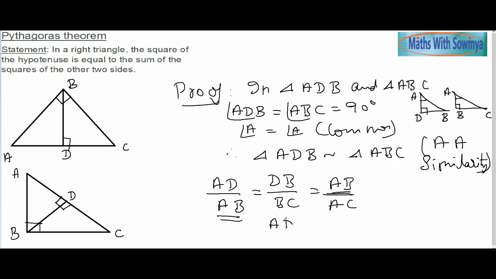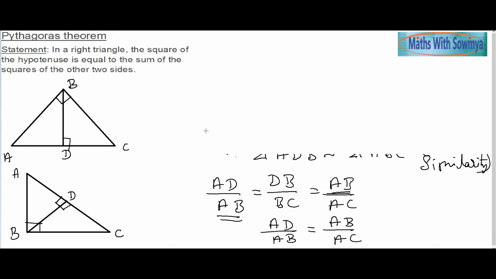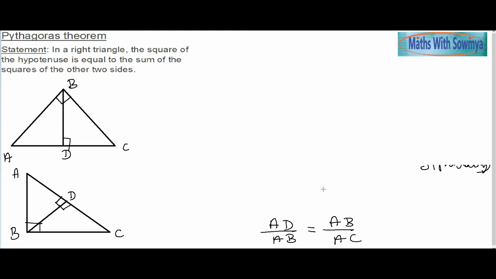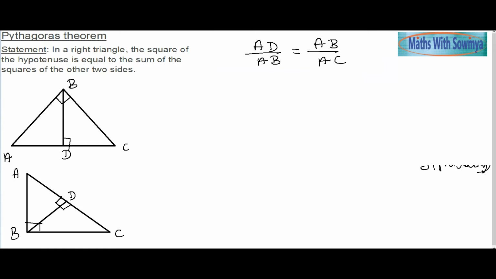So I just take AD by AB is equal to AB by AC. Now by cross multiplication, we can easily proceed. So we get AD into AC is nothing but AB whole square. I call it equation number 1.